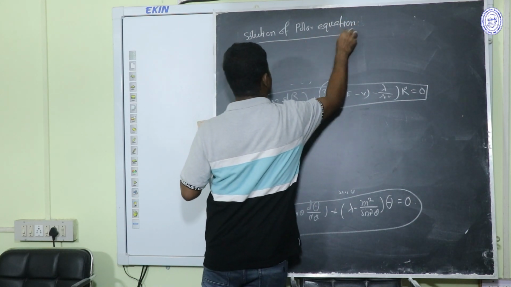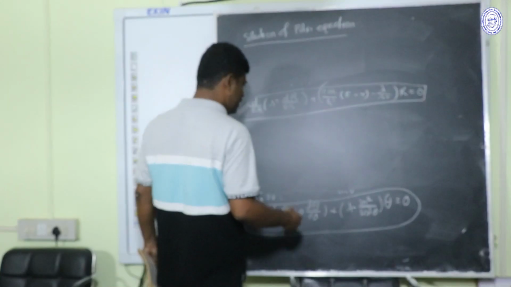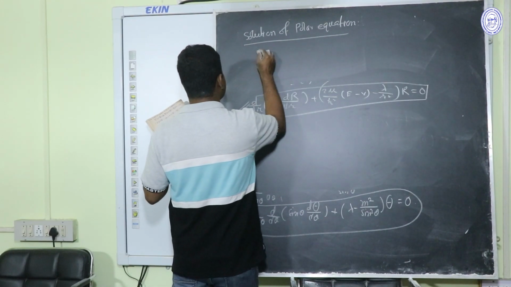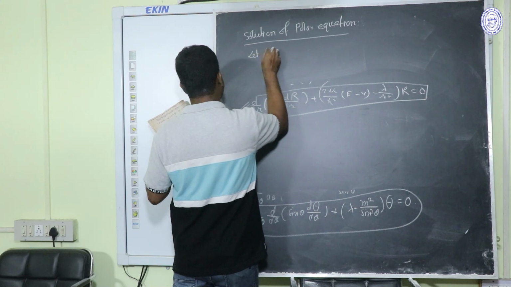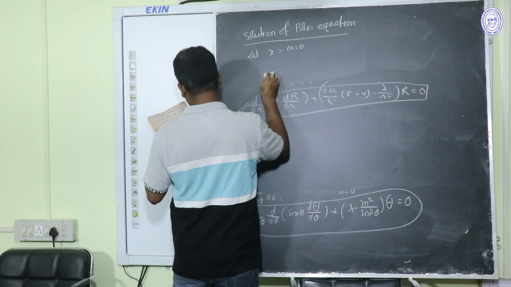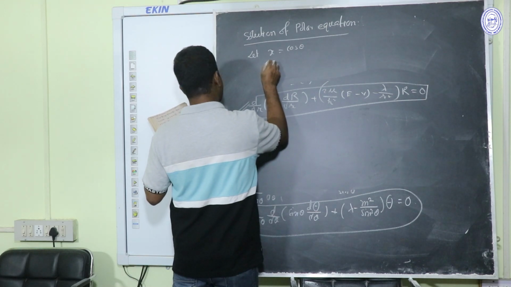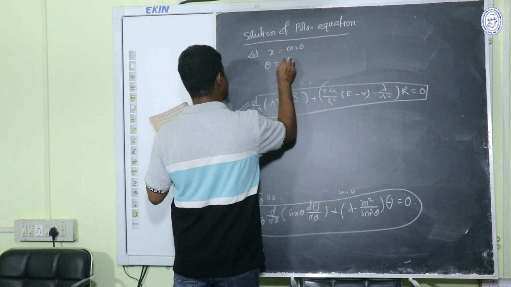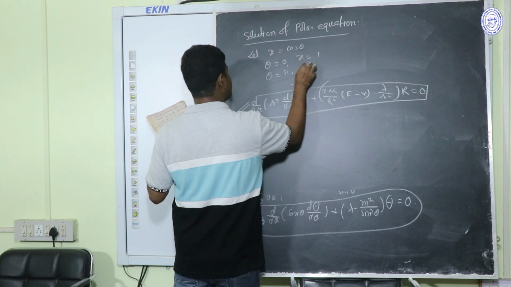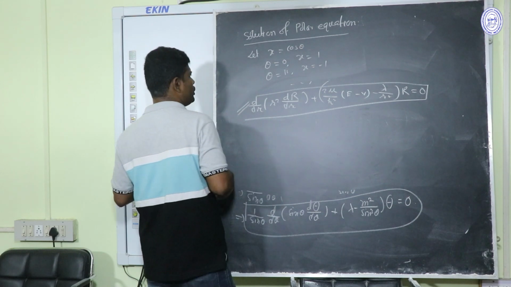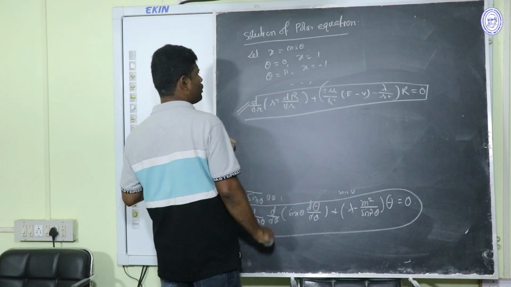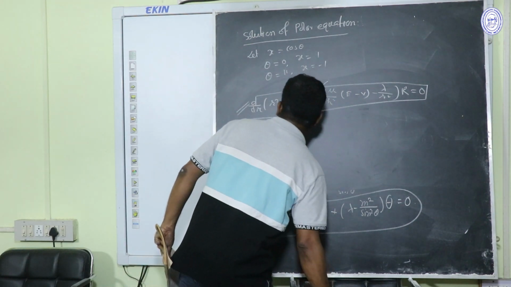To solve this equation, first we will convert it into another form which is very familiar to us, and we introduce a new variable, let x equal to cos theta. Therefore, when theta equals 0, x equals 1, and when theta equals pi, x equals -1. So as theta varies from 0 to pi, x varies from +1 to -1.